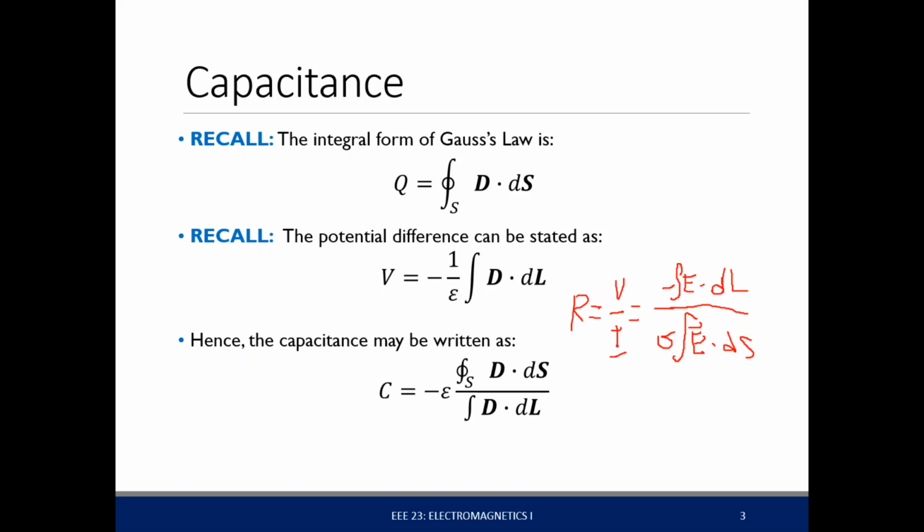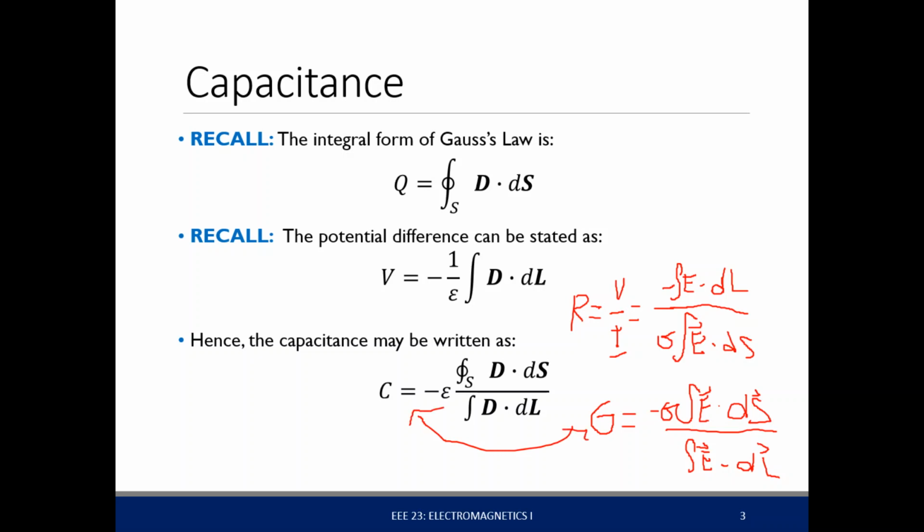Okay? So notice the similarities between them. If we get the reciprocal of resistance, which is what we call the conductance, it is actually equal to negative sigma times the integral of E dot dS divided by the integral of E dot dl. So it's striking how similar these two quantities are.